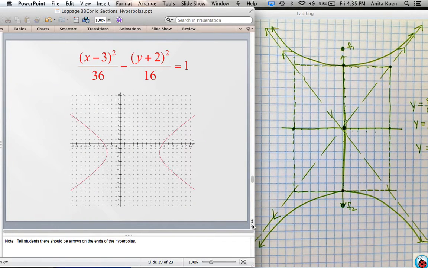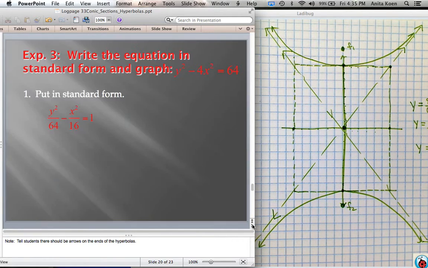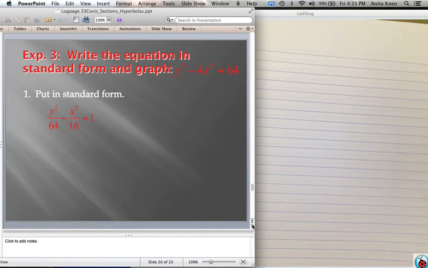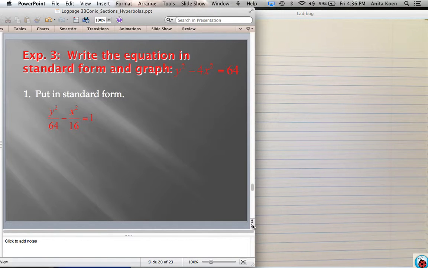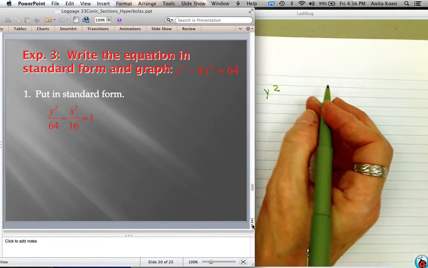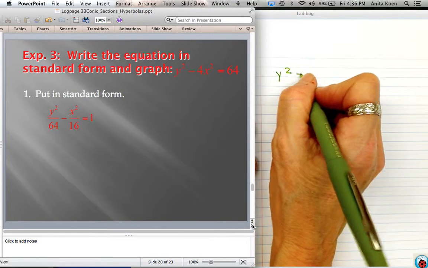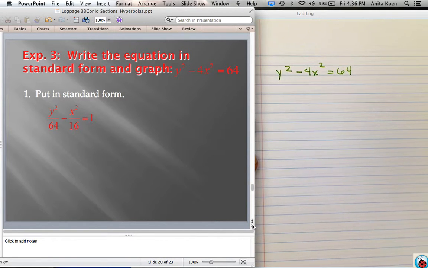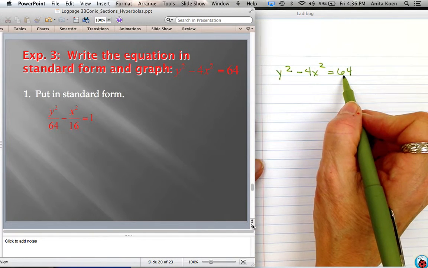Okay, here's your hyperbola. Now we need to put this equation in standard form. Let's make sure that we can put this equation in standard form. Okay, y squared minus 4x squared equals 64. What you need to remember is that you've got to get a 1 here.